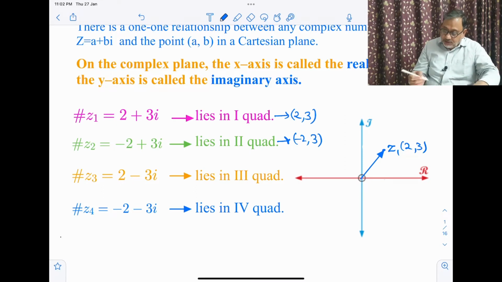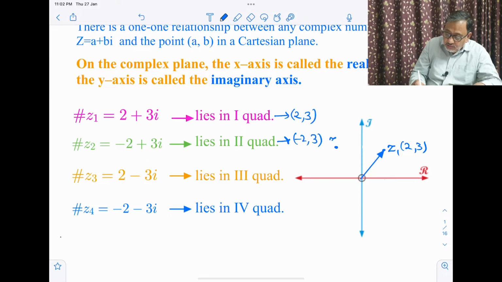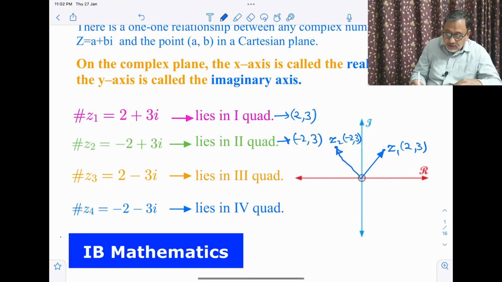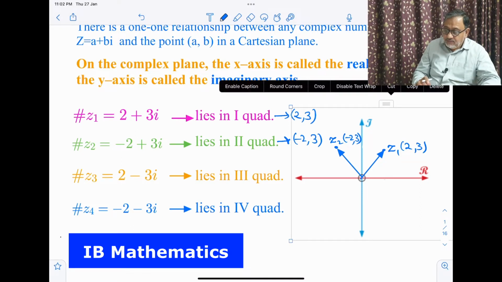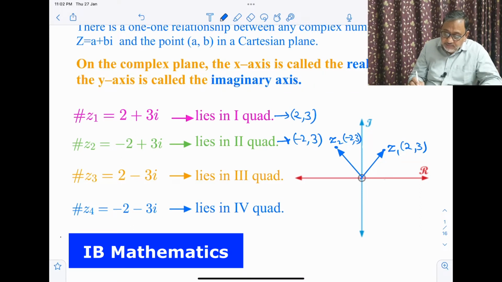According to the Cartesian coordinate system, minus 2 and 3 will be in the second quadrant. Suppose it is somewhere here, Z2, which will be minus 2 and 3. This will be represented by this arrow diagram. So Z2 is here.